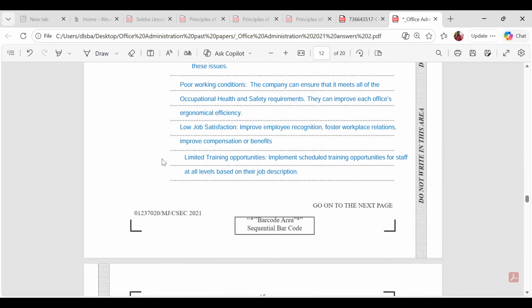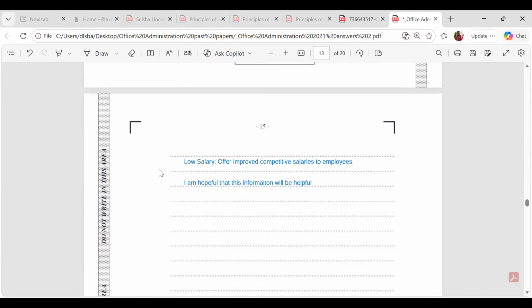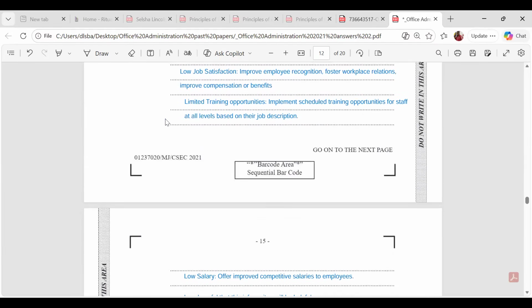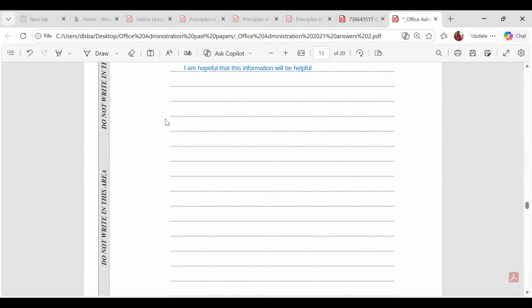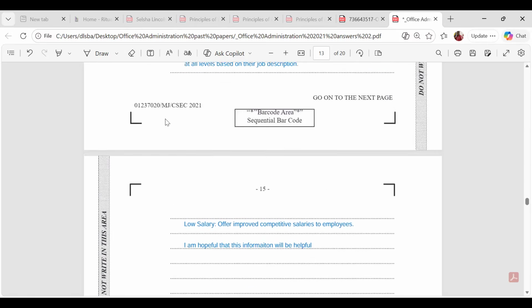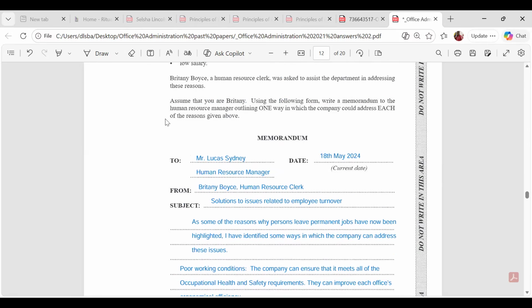Limited training opportunities, give them training opportunities. Low salaries, offer a competitive salary to the employees, or increase the benefits that they get to compensate. Again, not something to overthink. You just want to make sure you know the format.